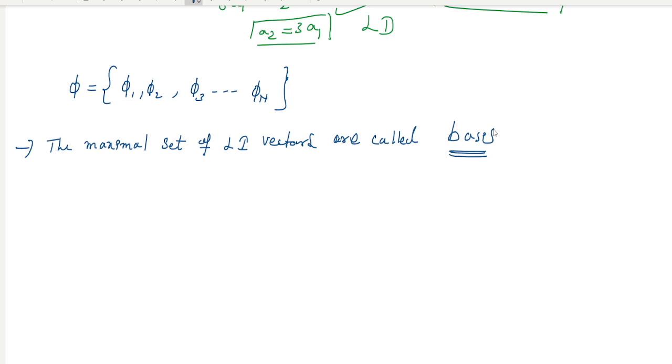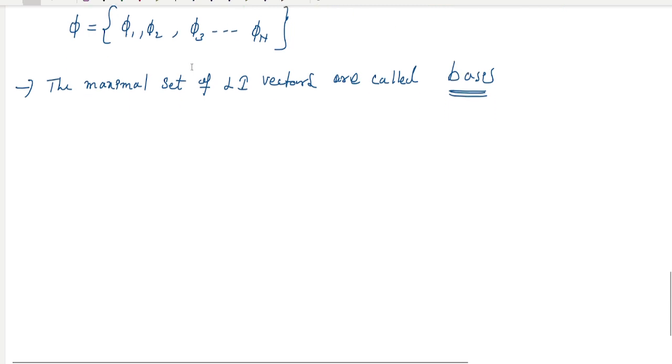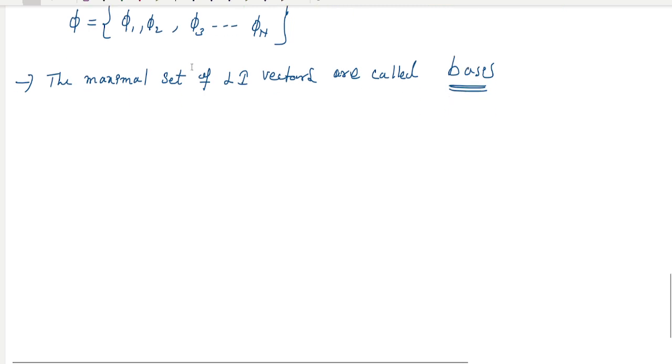So I can say in other words, the basis of the vector space consists of a set of maximum possible number of independent vectors that belong to that space.